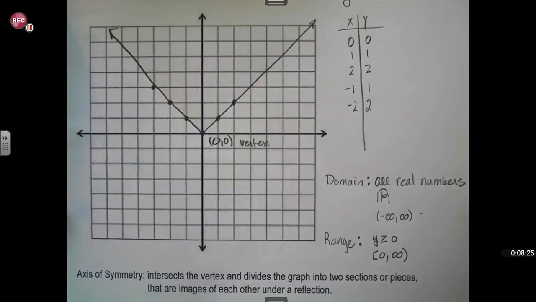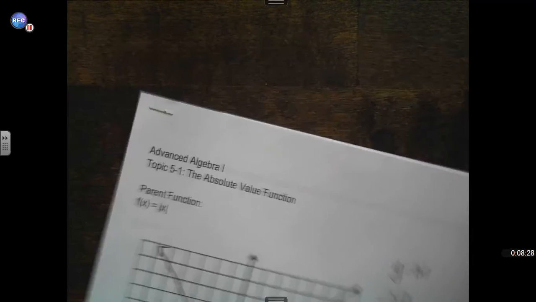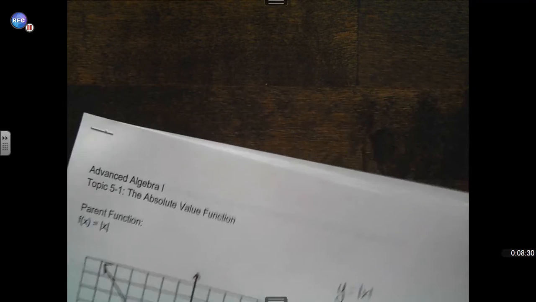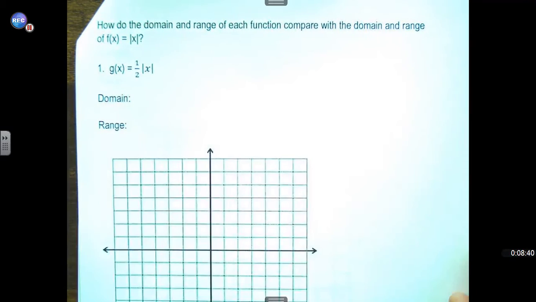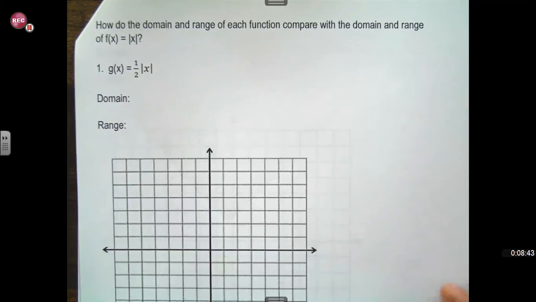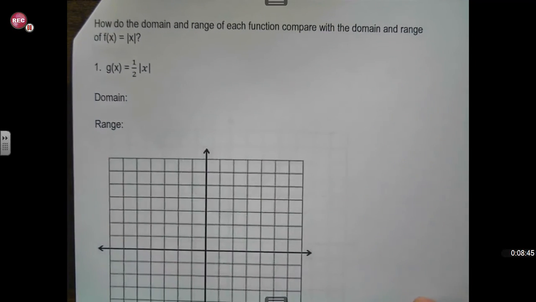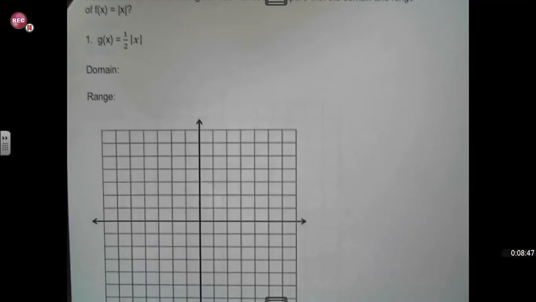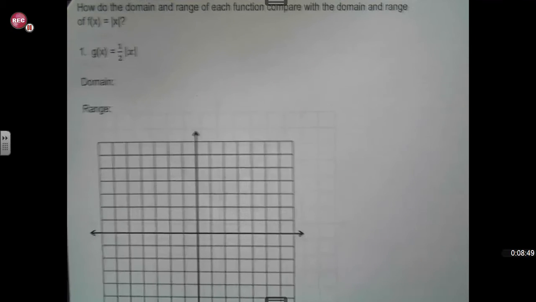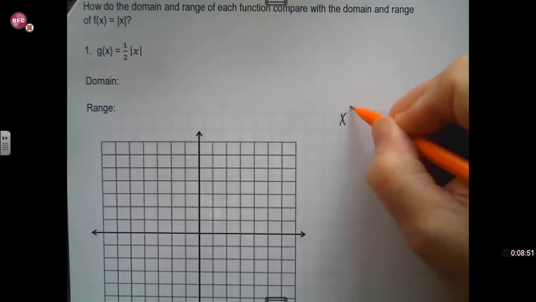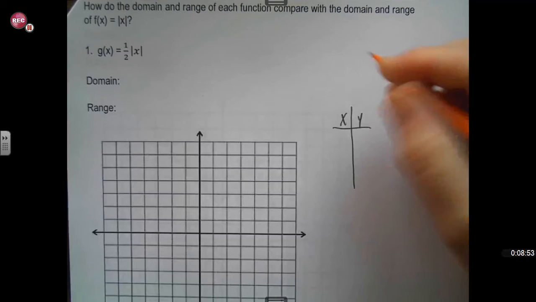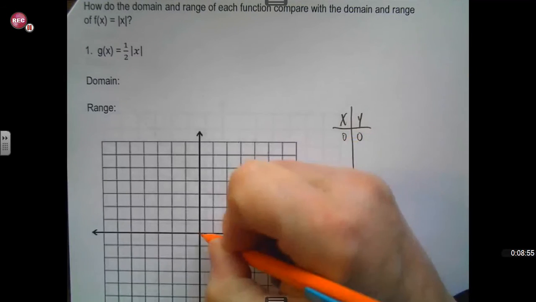There's the graph of the absolute value. What we want to do with this, okay, we're going to graph this one. Okay, so again, I'm just going to plug in some numbers. I'm going to plug in 0, and I get 0.